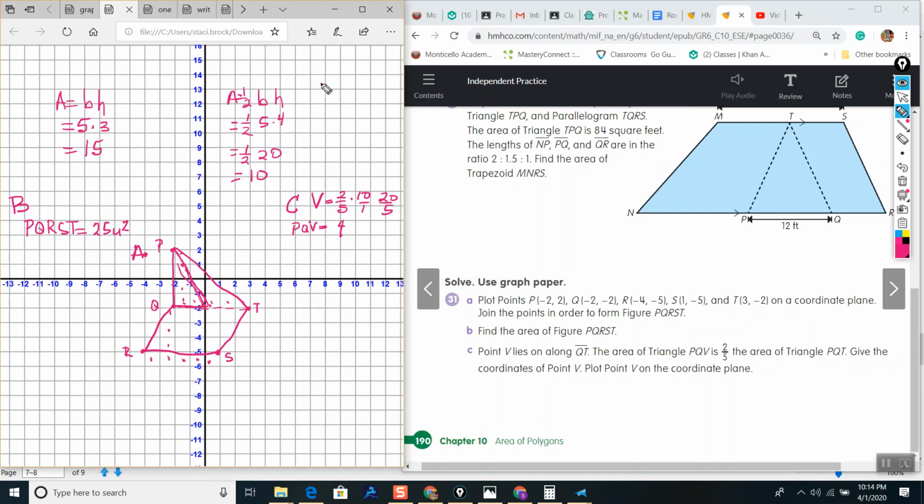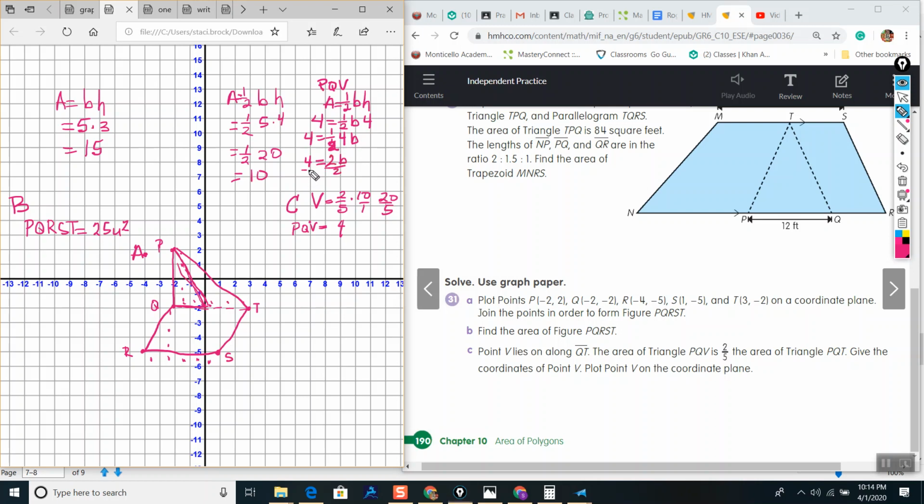So I'm going to come up here. So we're going to say this is for PQV, right? So area is equal to 1/2 of the base multiplied by the height. The area is 4. The base is I don't know, and the height is 4. Rearranging, 4 equals 1/2 of 4 times B. So that's 2B.